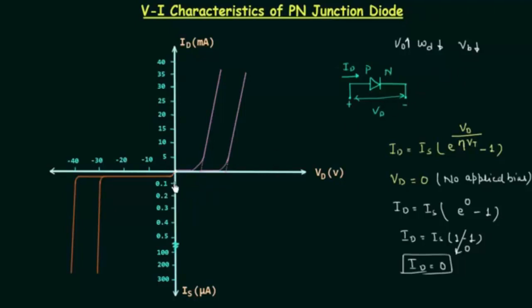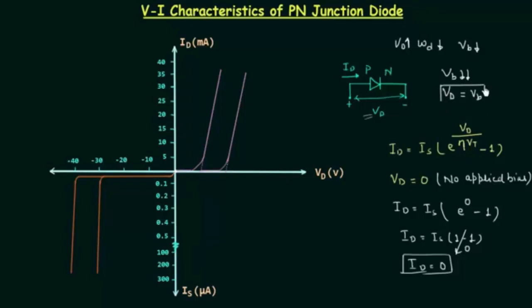But if you go on increasing the forward bias potential, VB reduces further, and there is small current through the diode because some electrons will cross the junction.